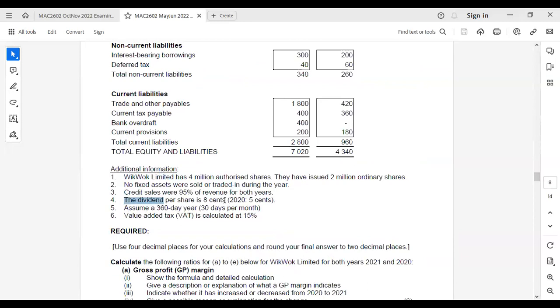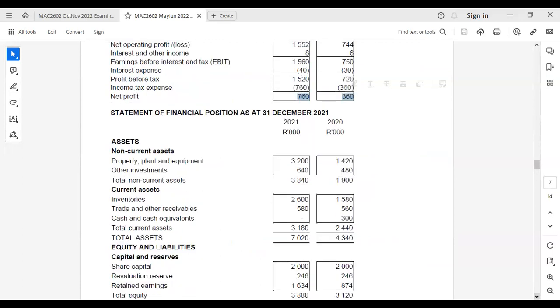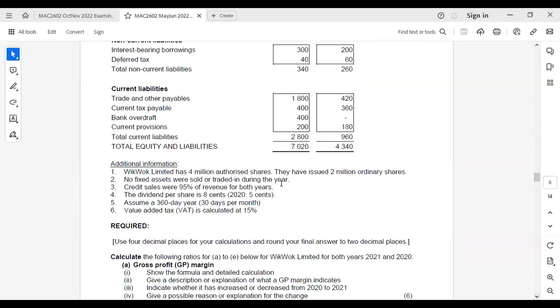Here is the dividend per share. The earnings, we know them in total. The earnings is the profit, which is 760,000 and 360,000. But we know the number of shares. They've got 2 million issued ordinary shares.